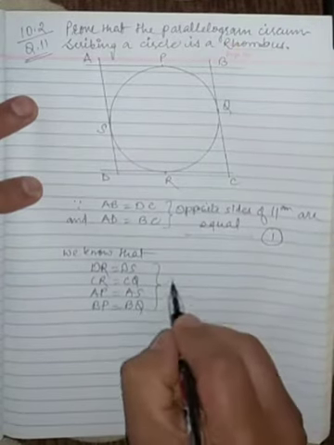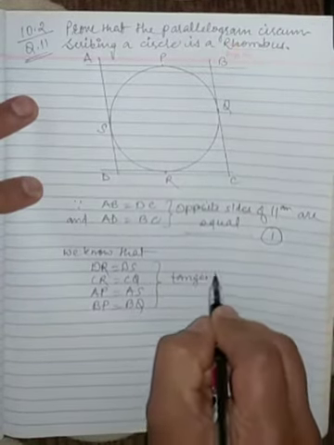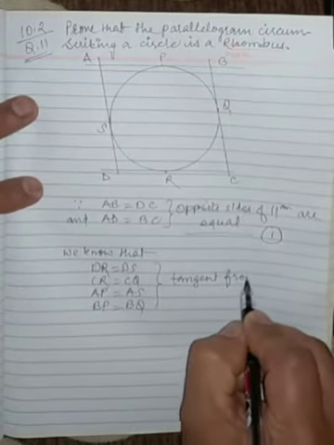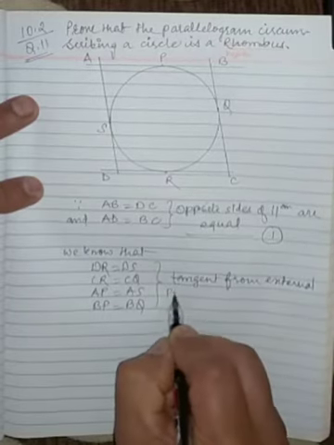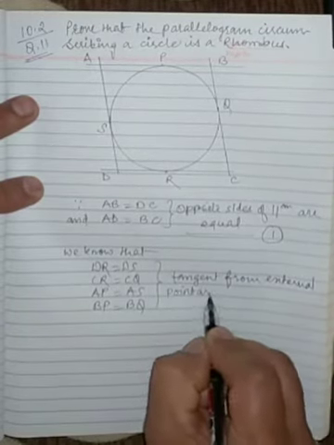All these because tangents drawn from an external point are equal.